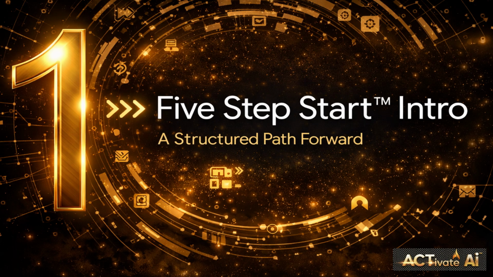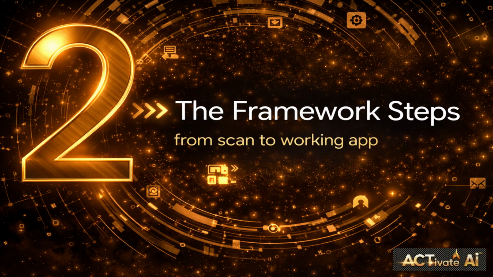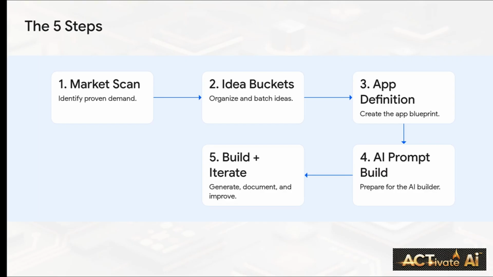First, what exactly is the 5-step start? Well, at its core, it's a repeatable system. It's designed to take all that guesswork out of the building. It gives you a clear, logical path from that kind of fuzzy idea all the way to a working app. Now, for the framework itself. Let's walk through the 5 core steps, taking us from an initial market scan all the way to a fully functional app.